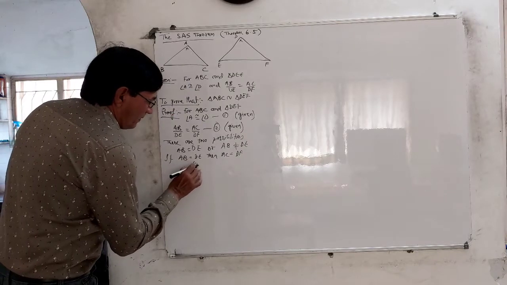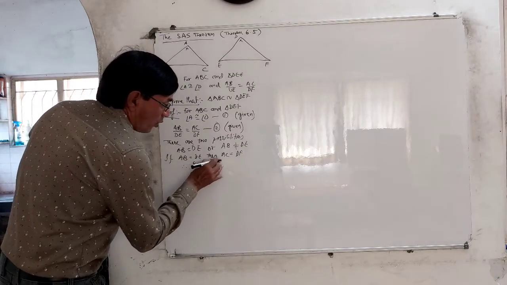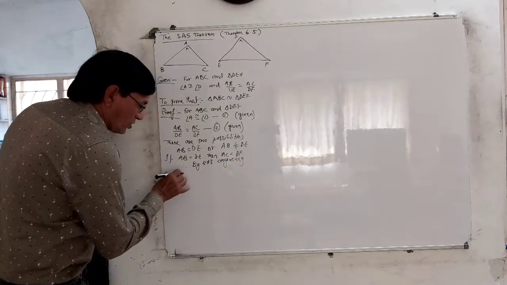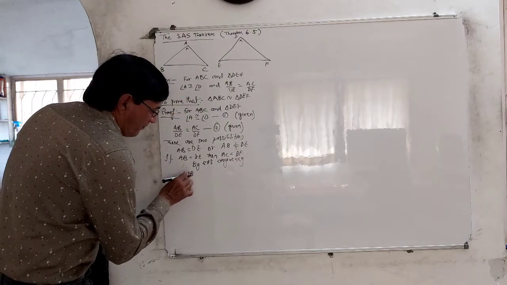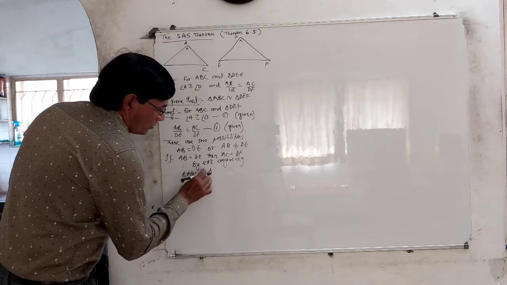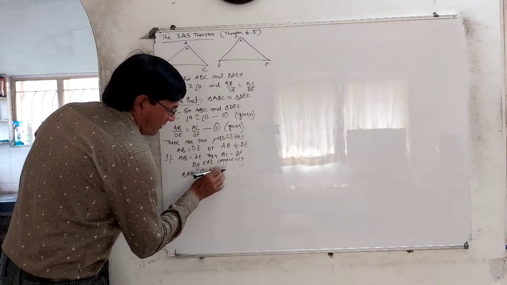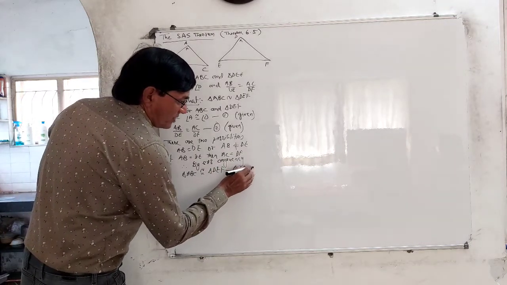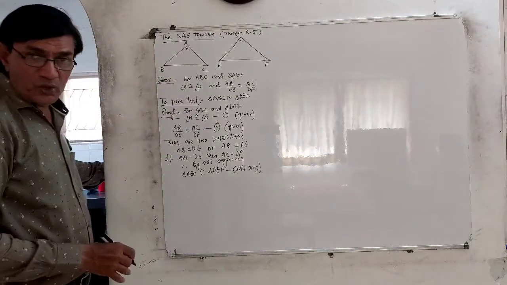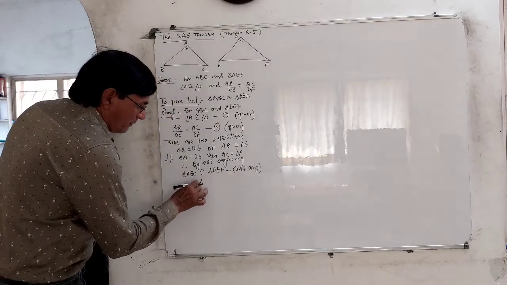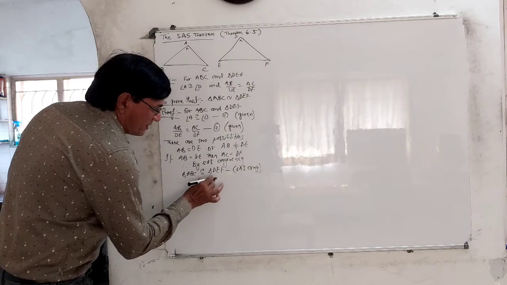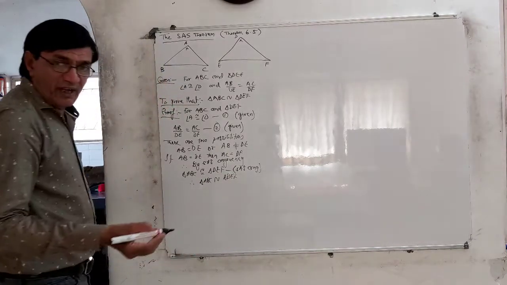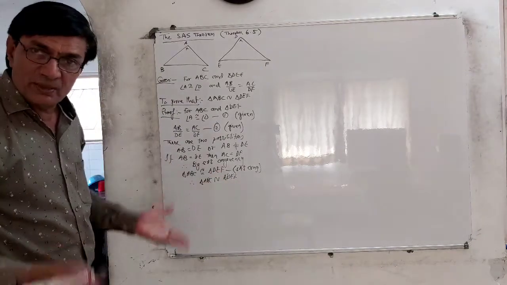Therefore, by SAS congruency, not similarity, triangle ABC is congruent to triangle DEF, and therefore the triangles are similar. Triangle ABC is similar to triangle DEF. Why? Because congruent triangles are always similar.